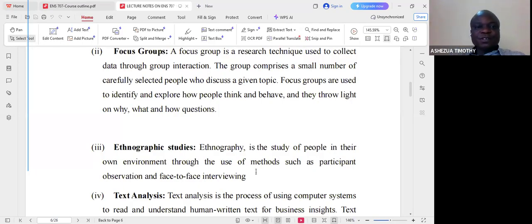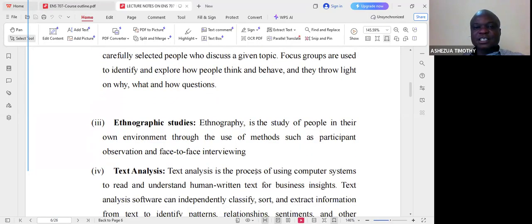Next, we have text analysis. Text analysis is a process of using computer systems to read and understand human written text for business.